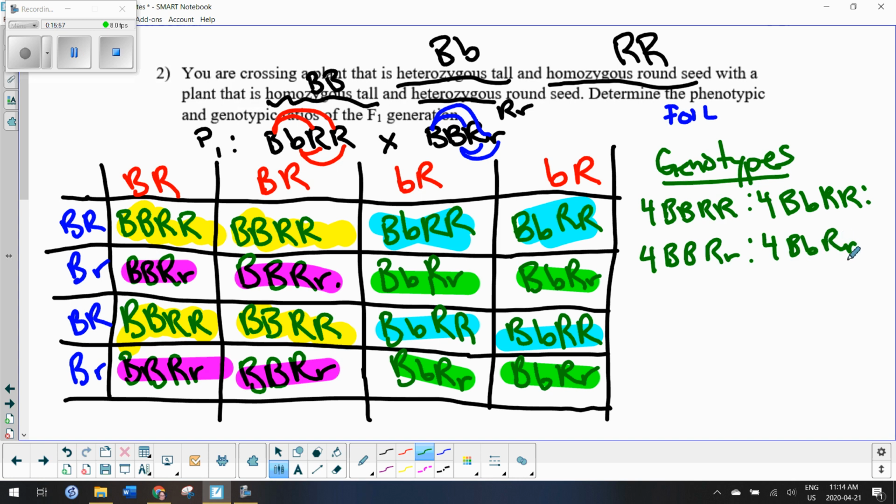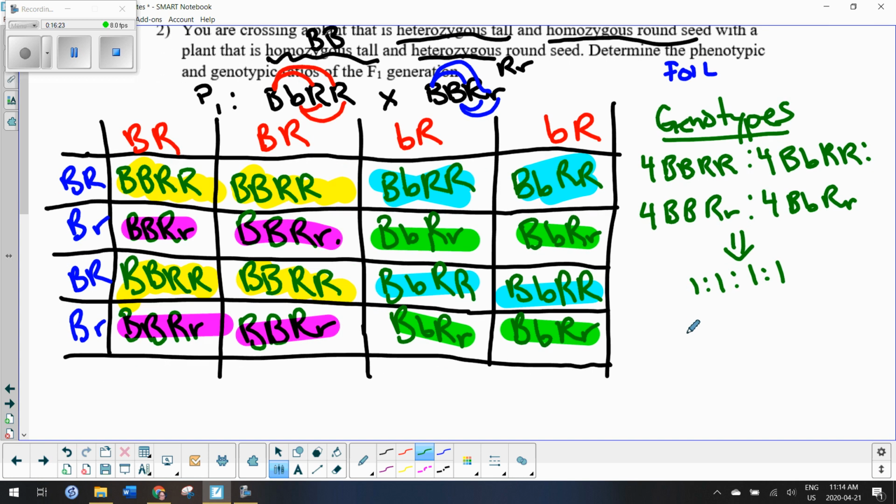So heterozygous, heterozygous. So I have a 4 to 4 to 4 to 4 ratio. Remember to reduce. So I am okay if you show me what the 4 to 4 to 4 is up here with the correct genotypes, and then you just reduce it like this. Okay? But you have to show me this up here first.